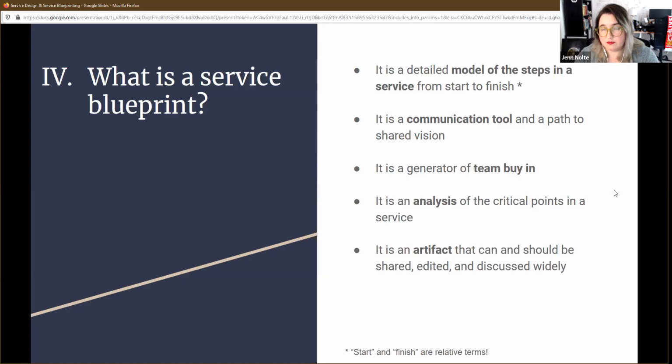Is the start of the service when the patron requests an item to be delivered to a particular circulation desk online, like several days prior? When does it end? Does it end when the patron walks away with the book checked out in their hand? Does it end when the patron returns the book?